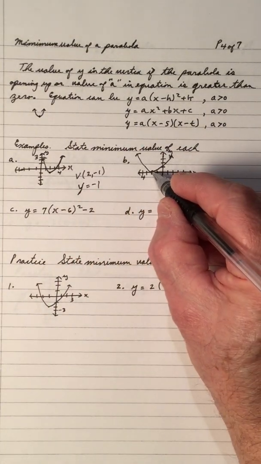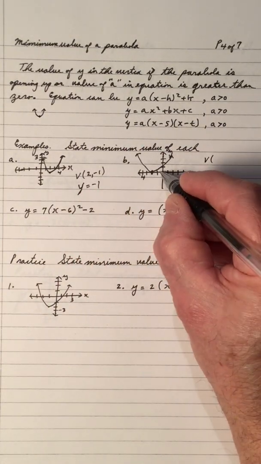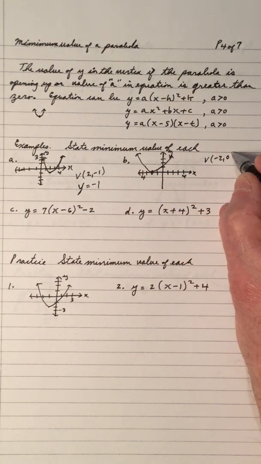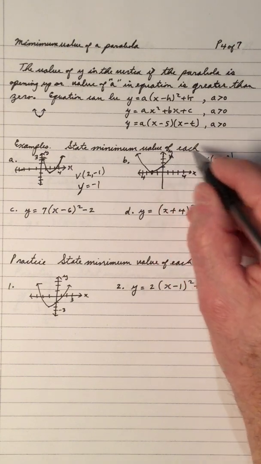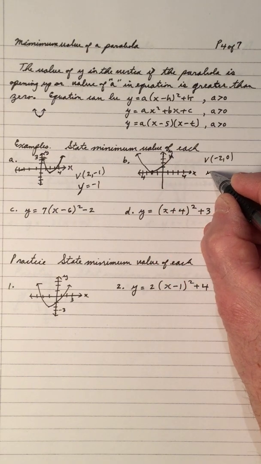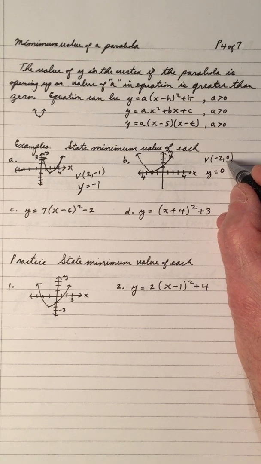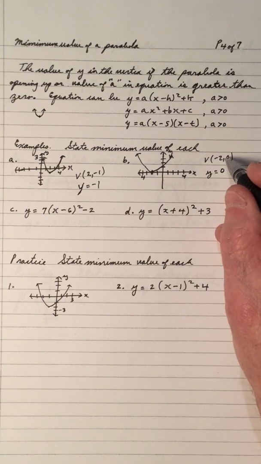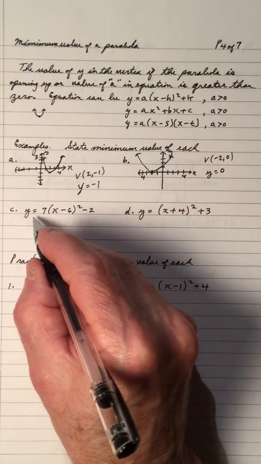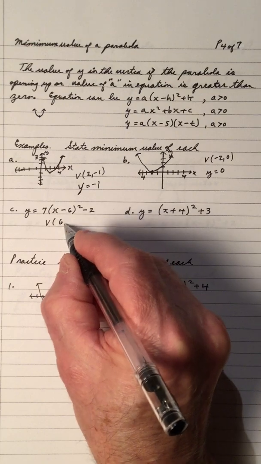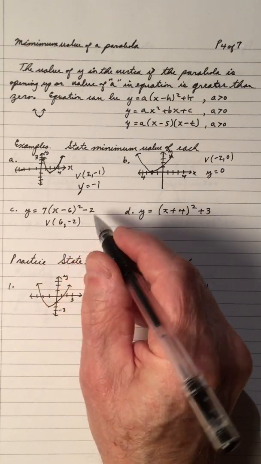The vertex of this parabola is x is -2, y is 0. It's going up, so the vertex is the minimum point, so the minimum value is y equals 0. It's the y coordinate of the vertex. And the vertex of this parabola is opposite of -6, which is 6, and -2.